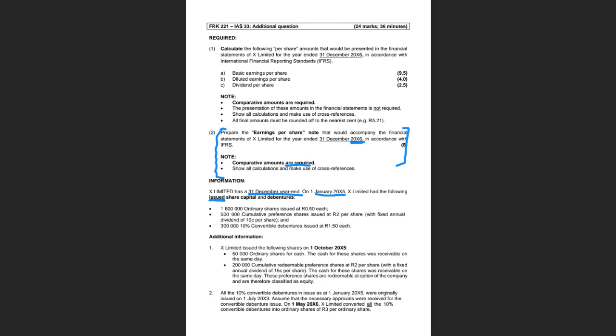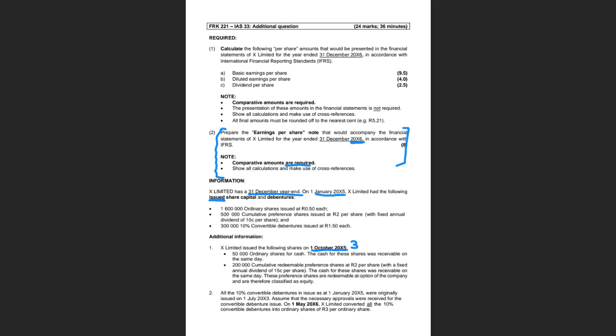Then we read under additional information, it says X Limited issued the following shares on 1 October 2015. So 2015 is in the prior year, and 1 October is how many months before the end of that year? Okay, so it's 3 months: October, November, December.